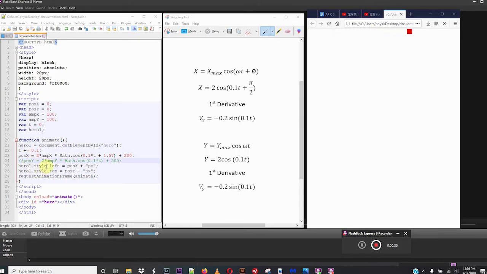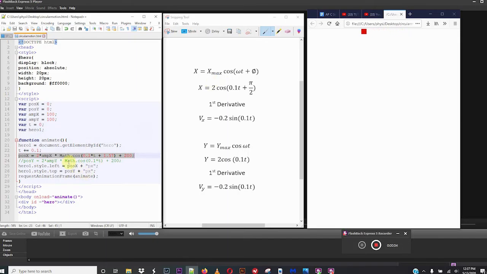So you don't really have to worry about any of this except for this line right here. And this is our x position. So I called it pos x, just short for x. So in this equation, that's our x here. So what's the next value? 2 times amplitude x. So that is our x max.